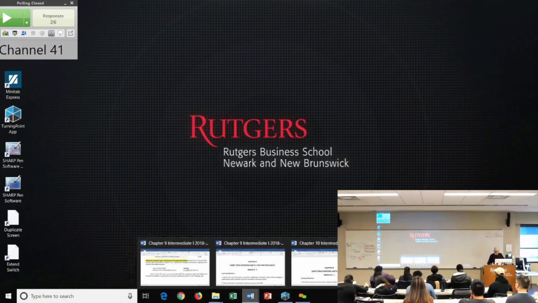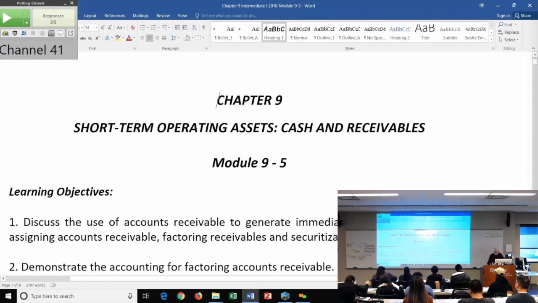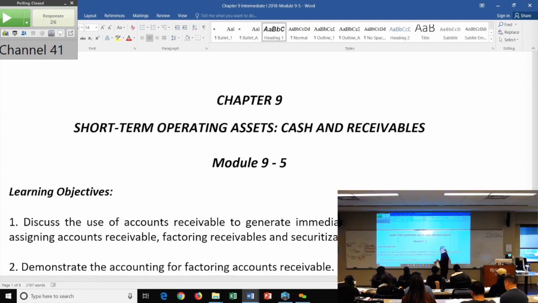So how do you use the receivables to obtain cash? We're going to focus more on factoring and securitization. You could also borrow and use receivables as collateral.